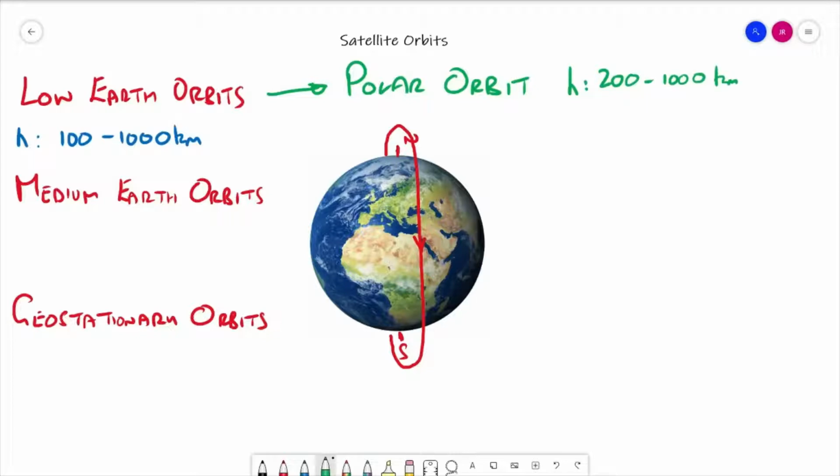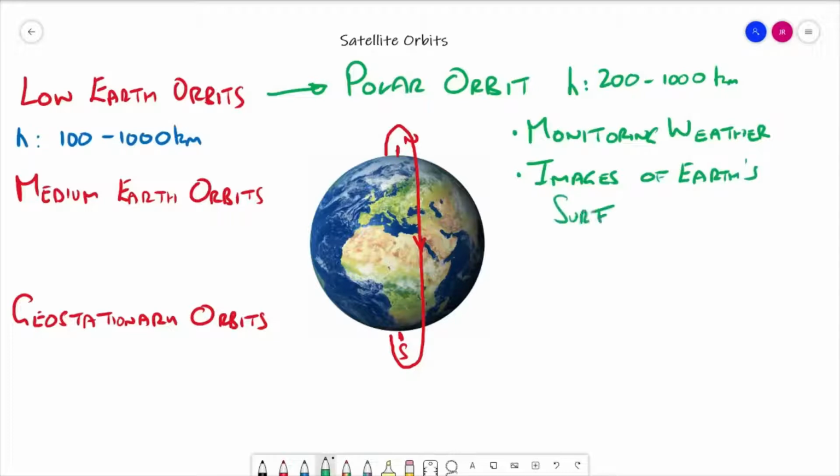Polar orbits have special applications, and the main ones we care about are that they're used for monitoring weather, they're used for taking images of the Earth's surface, and then there are obviously various military applications as well, especially when it comes to reconnaissance and spying.